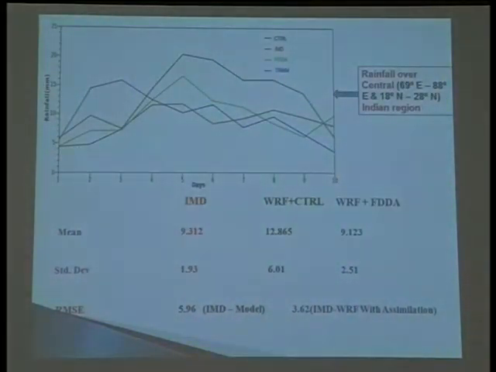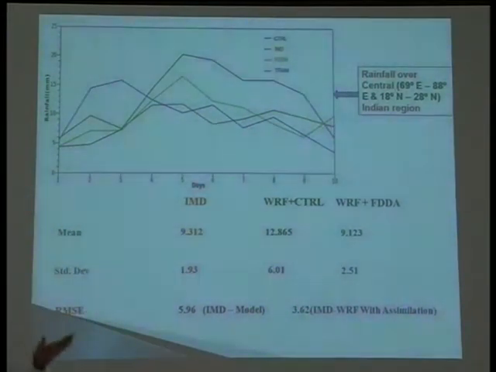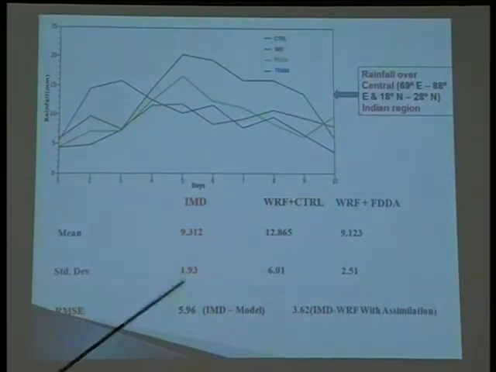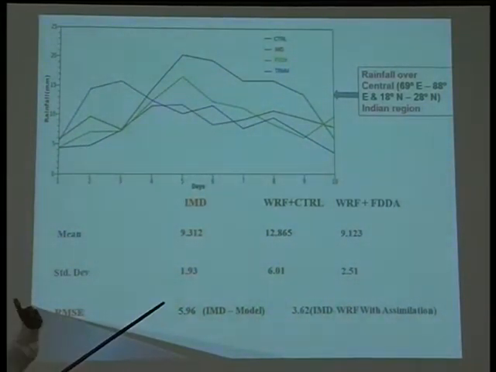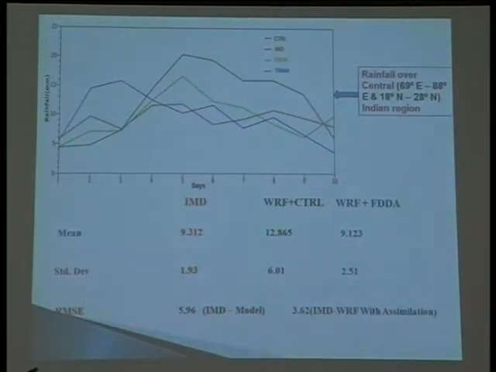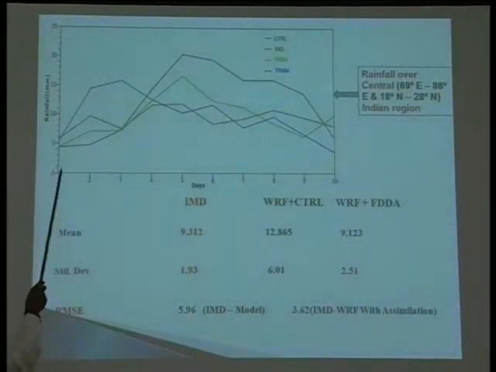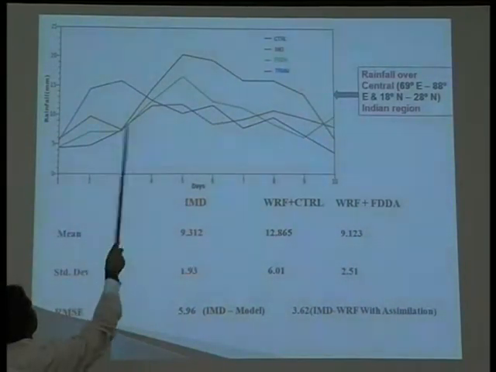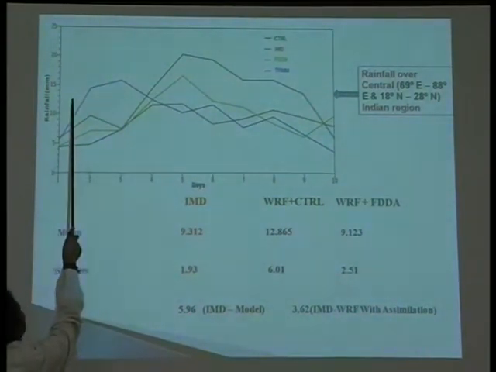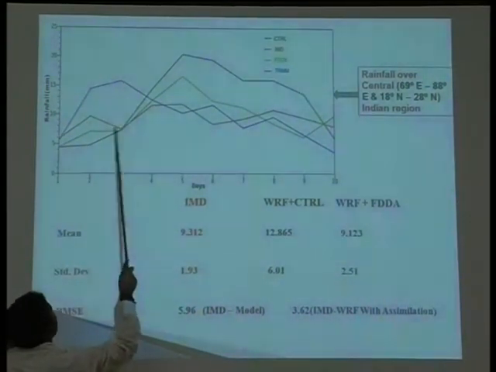This is just a daily time series over the central Indian region, from 69 degrees east to 88 degrees east and 18 degrees north to 28 degrees north, which we consider the central Indian box where the variability is very high. This is the control run, this red one is IMD, this is TRMM, and this is FDDA.